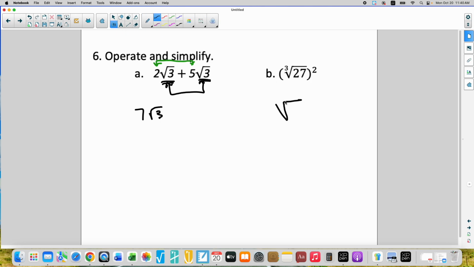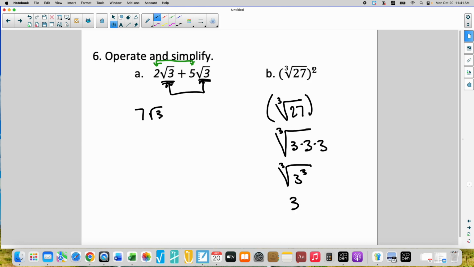So the 3rd root of 27 can be written, 27 can be written as 3 times 3 times 3. And so that can be written as 3 to the 3rd. So the 3rd root of 3 to the 3rd, notice this 3rd power and root 3 will cancel each other.